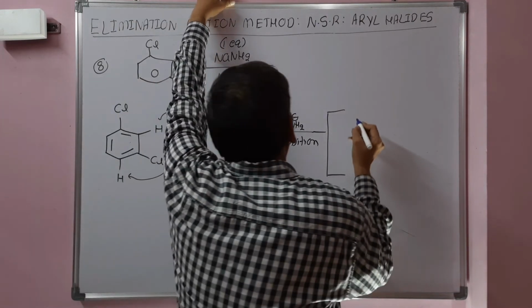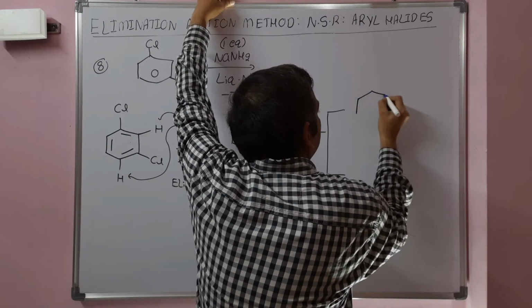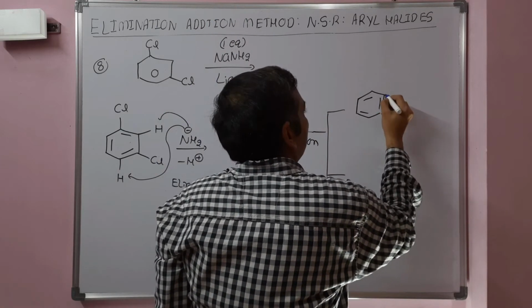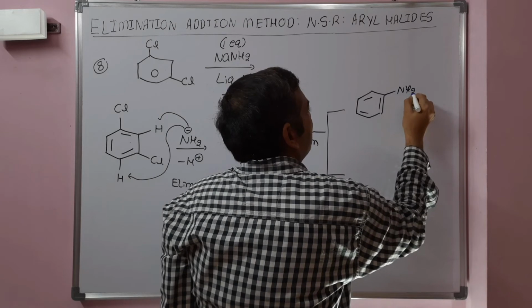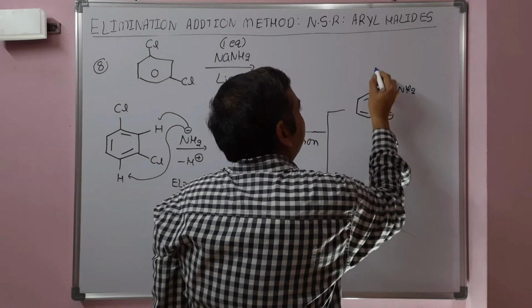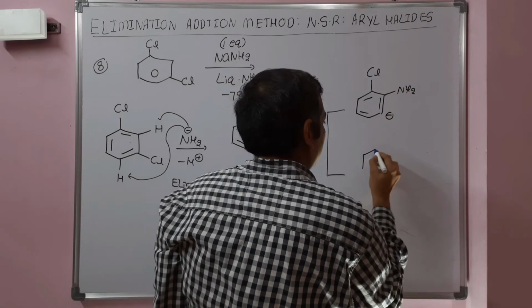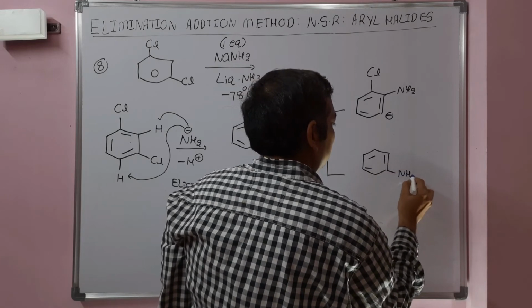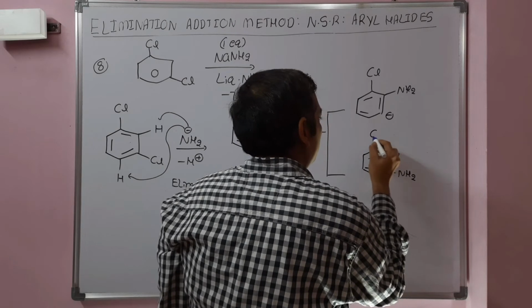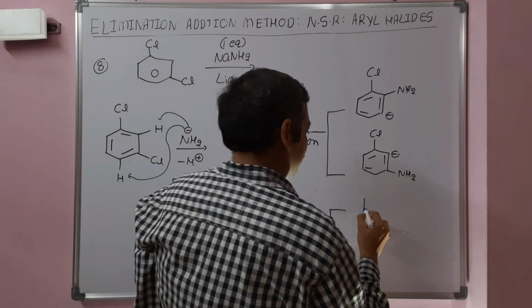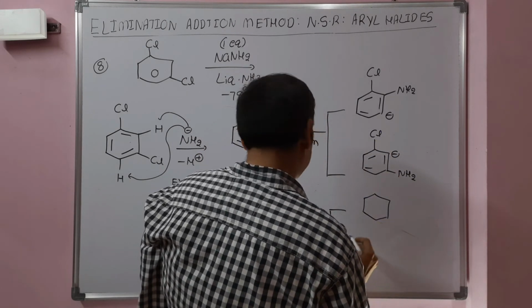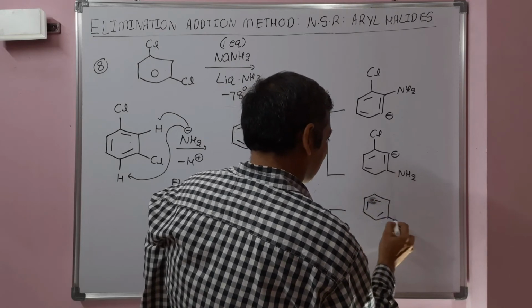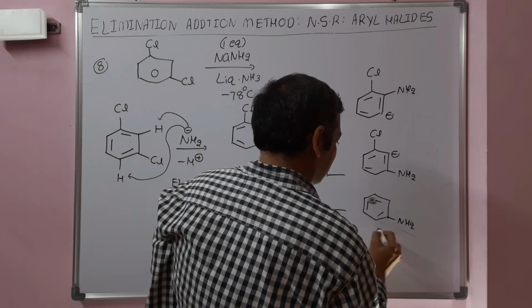Four possible products are there. Among these four possible products, we need to see which is major. Suppose NH2 attacks at one position, the carbanion is at meta. Suppose NH2 minus attacks at meta, then the carbanion is at the chloro position. Similarly, if NH2 minus attacks at meta, then the carbanion is at para.